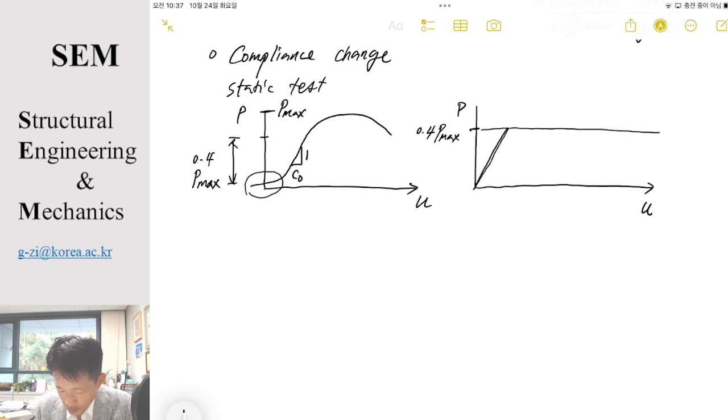Of course the initial slope is equal to the initial compliance, but during the fatigue cycles the damage is accumulated. That's why gradually the curve becomes flatter, and the compliance increases by the cycles of loading.